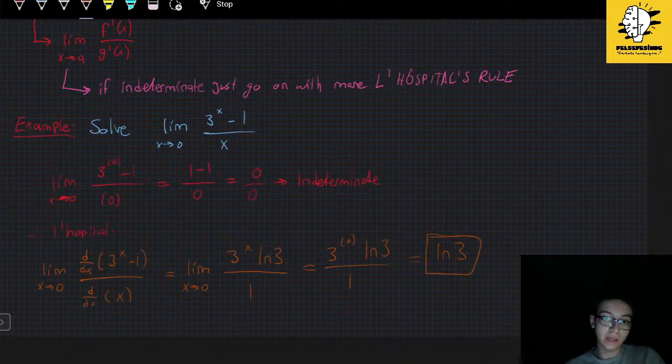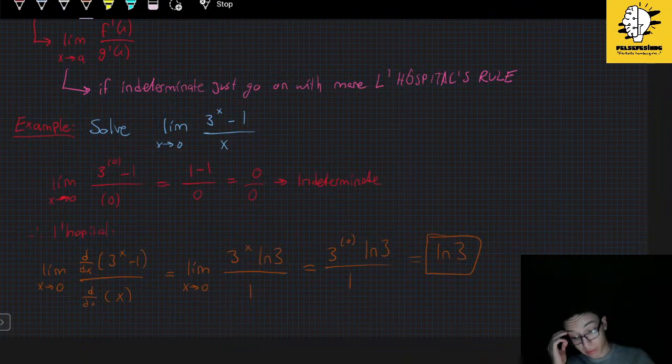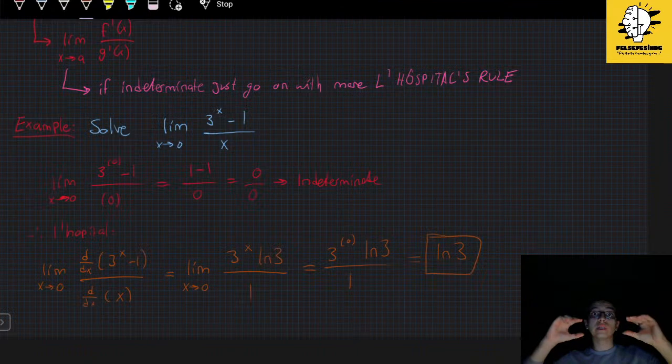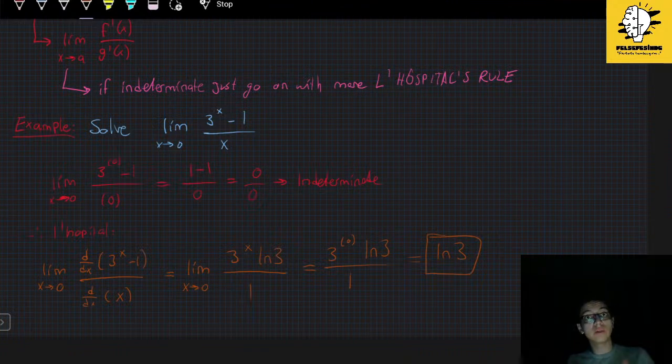No. It was not indeterminate, so we came to know this. If it was indeterminate, apply it once again until you reach a result, but use your logic as well to not make any mistakes. So we came to know that it was ln 3. I took the derivatives of both numerator and denominator after realizing that it was indeterminate, meaning 0 over 0, infinity over infinity, or 0 times infinity.